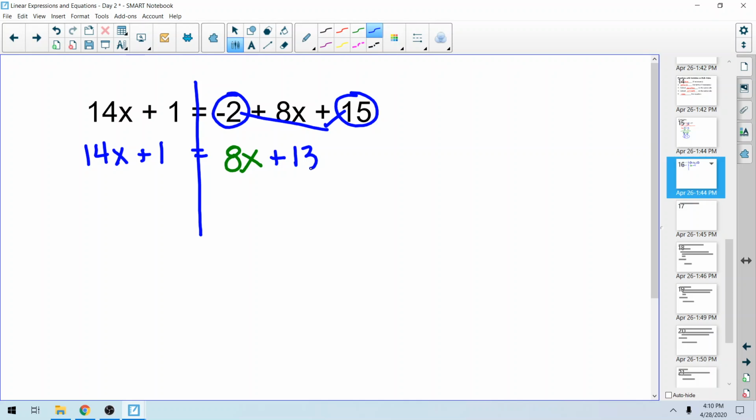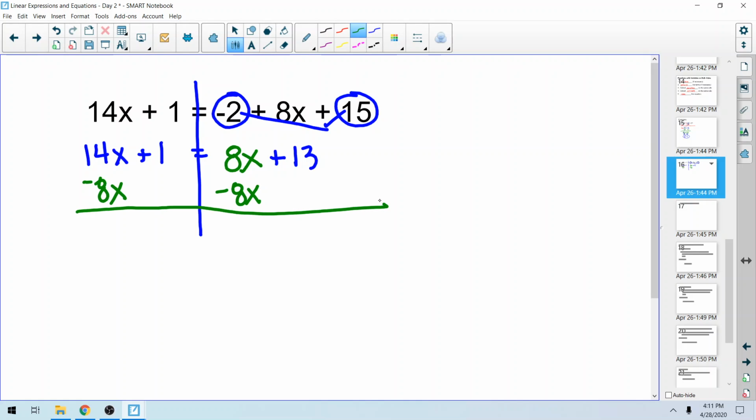Now I have to get all of my x's on one side, all of my numbers on the other. So I'm going to choose to subtract my 8x. And usually I always try to keep the variable positive. So I always take the smaller one. You had 14 x's on the left, 8 x's on the right, and I usually try to take the smaller one and bring it over to the bigger one. That way my x remains positive.